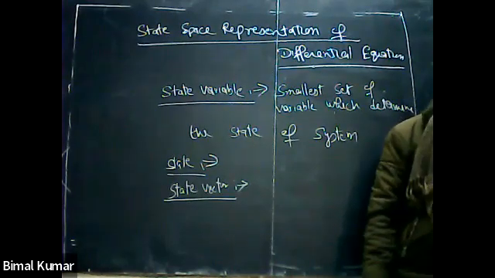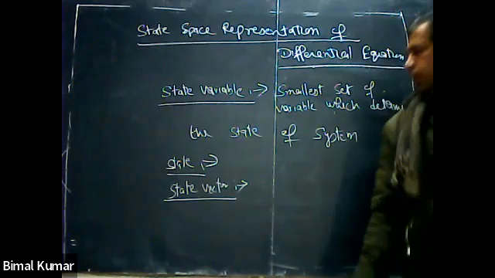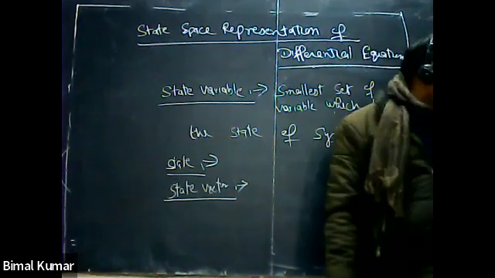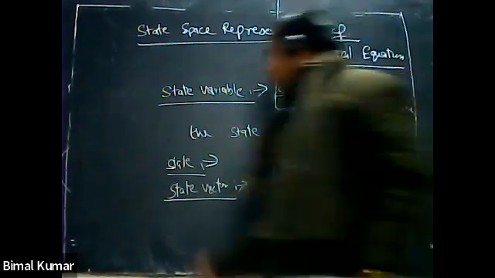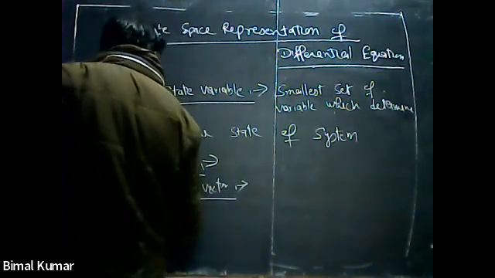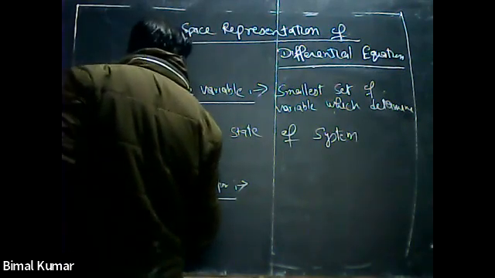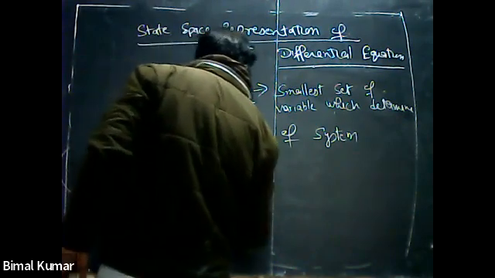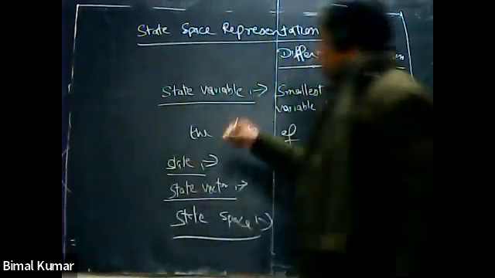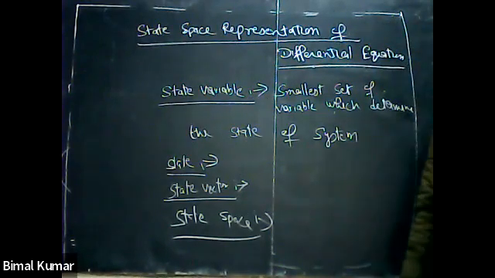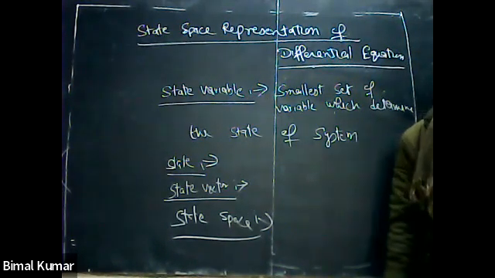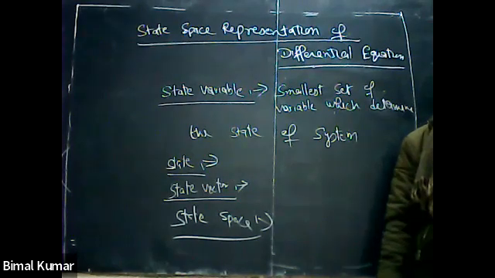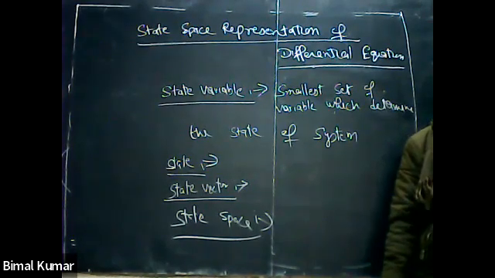And the last definition is state space. The n-dimensional space across which these vectors are represented is known as state space.